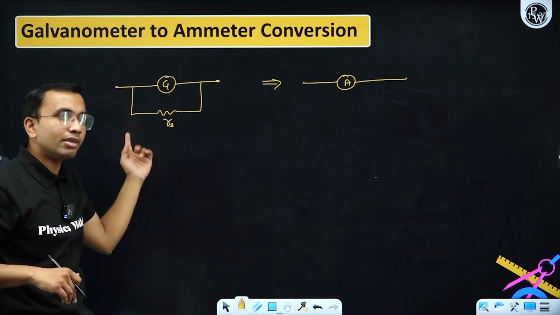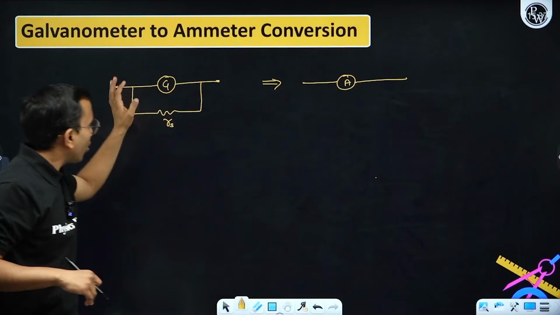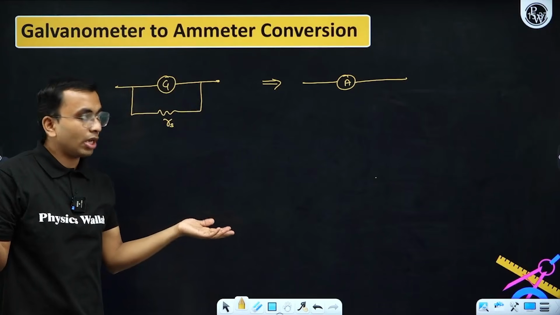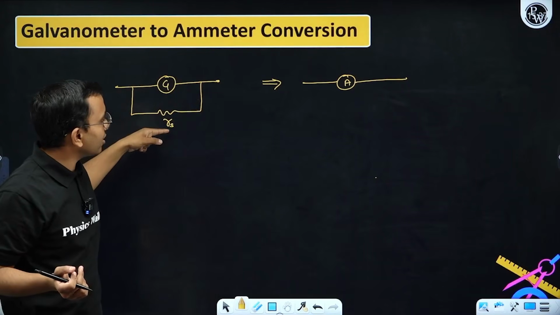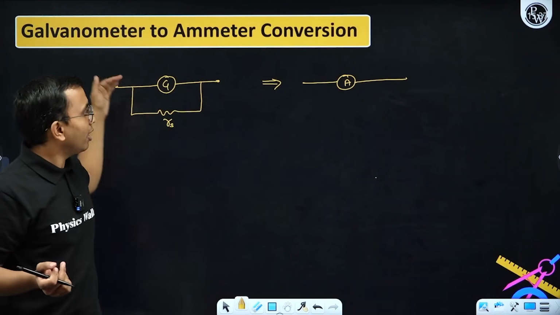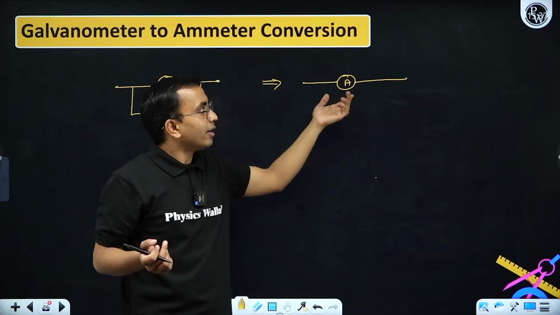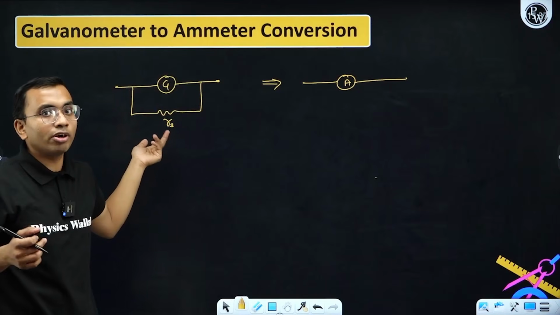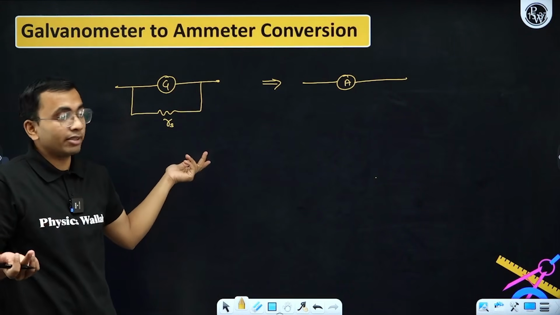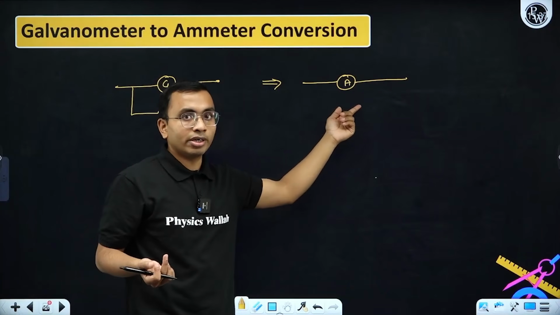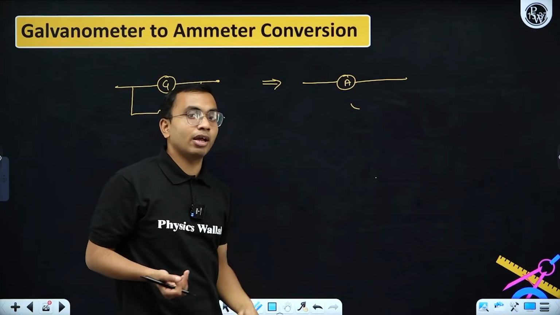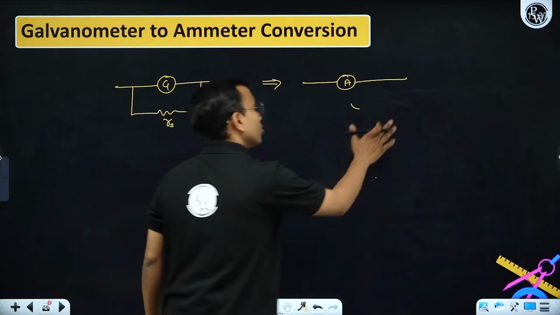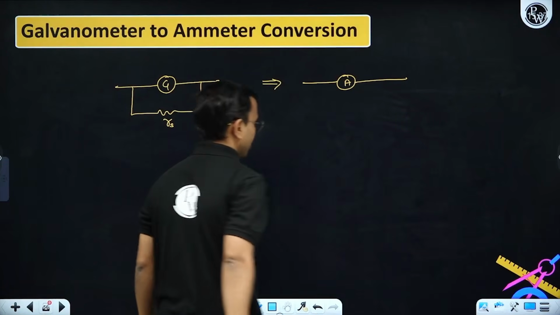The range is increased. The galvanometer alone allows a current of a few milliampere or microampere, but when a shunt resistance is connected in parallel, a large current can pass, and the effective range can be of the order of ampere, 0 to 5 ampere, like that. Also the resistance of this ammeter is very small, because we have a very small resistance in parallel. So both goals are achieved using this.